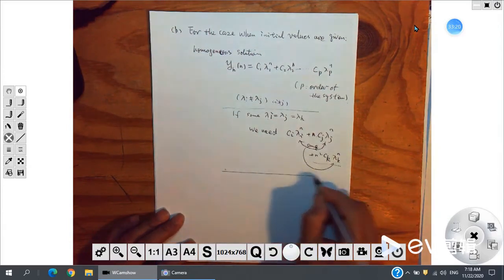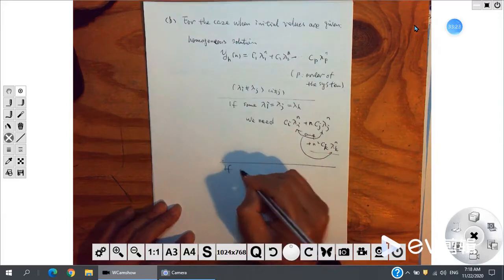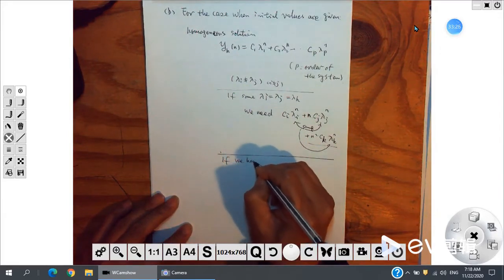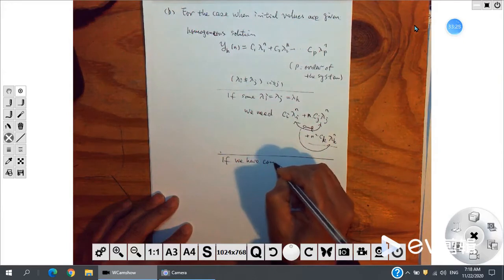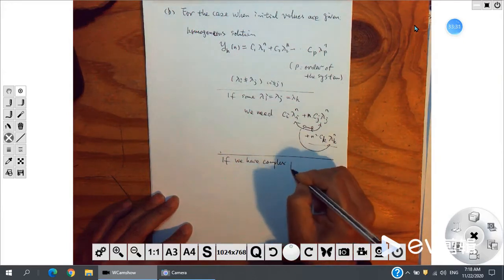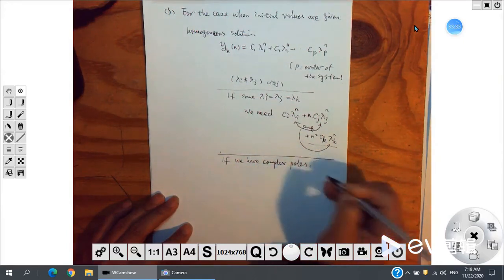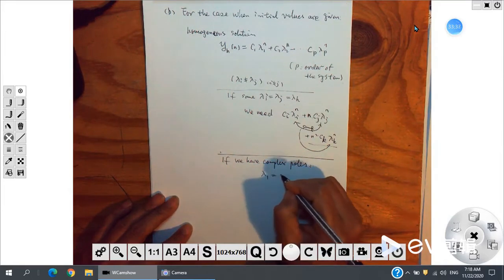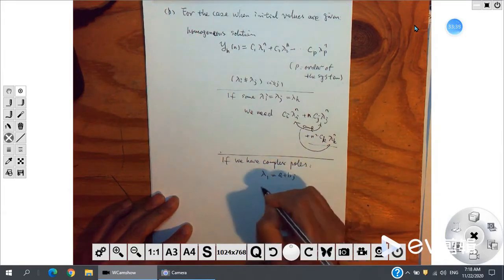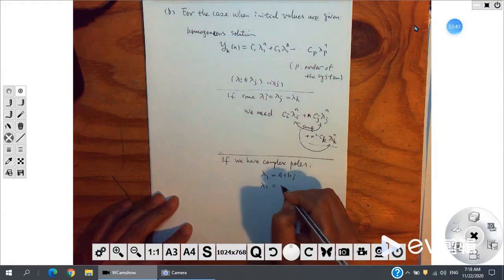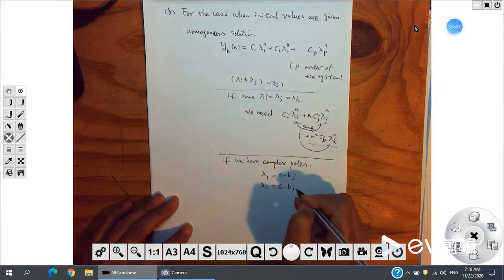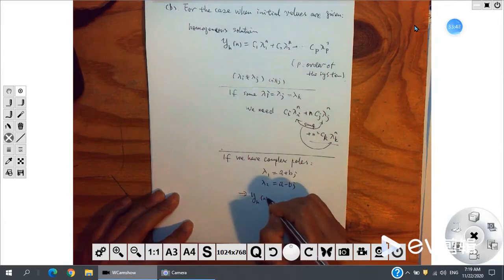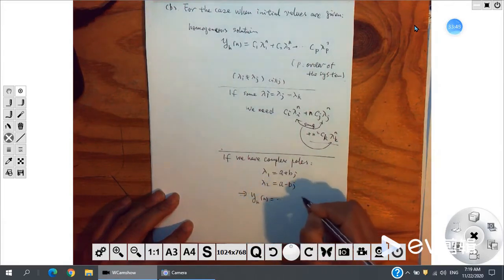And also if we have complex poles, like lambda 1 equal to a plus bj and lambda 2 equal to a minus bj, then we have y h of n will contain lambda 1, lambda 2.